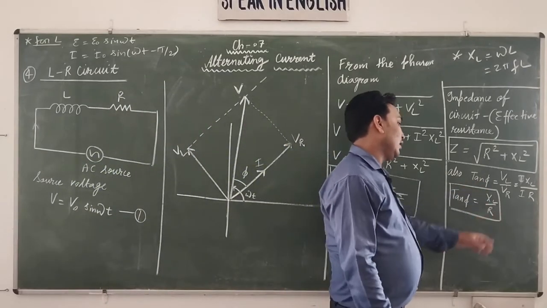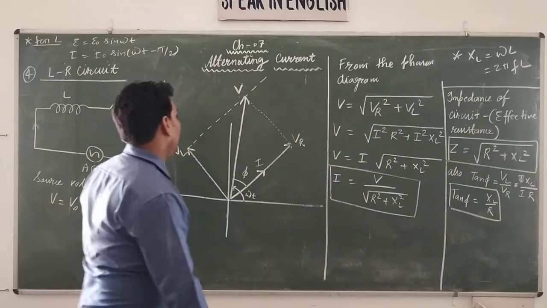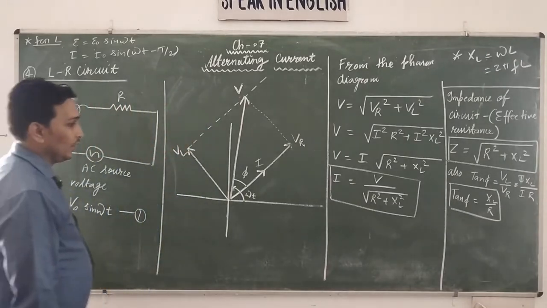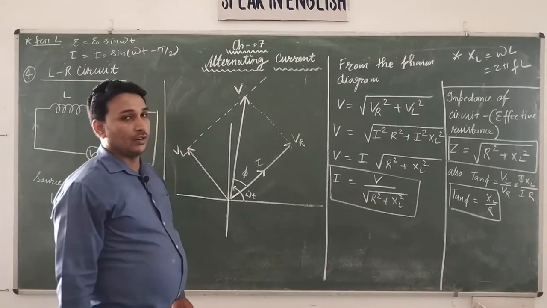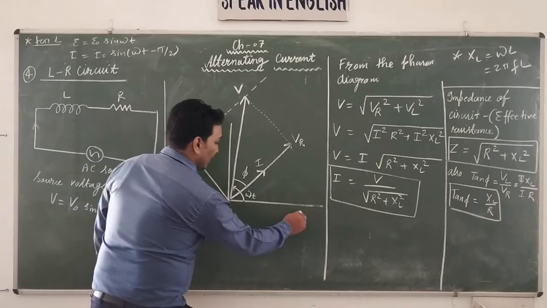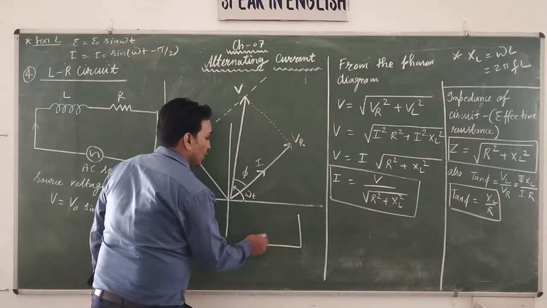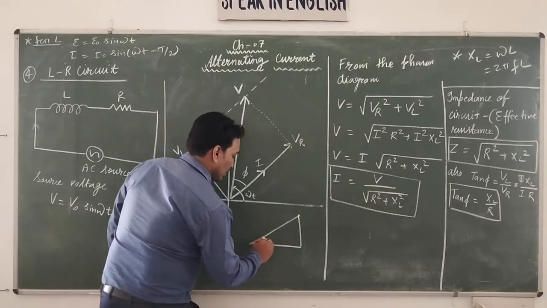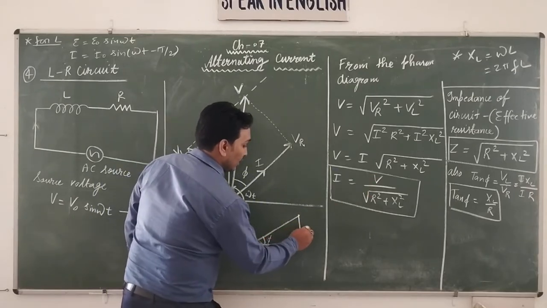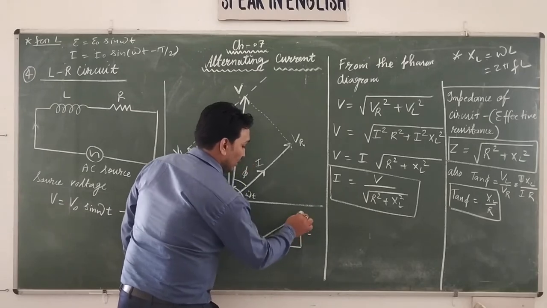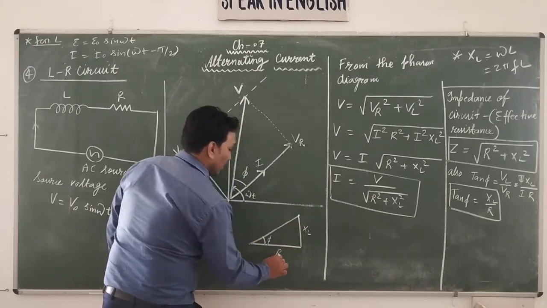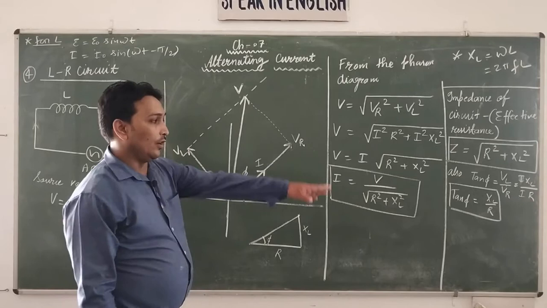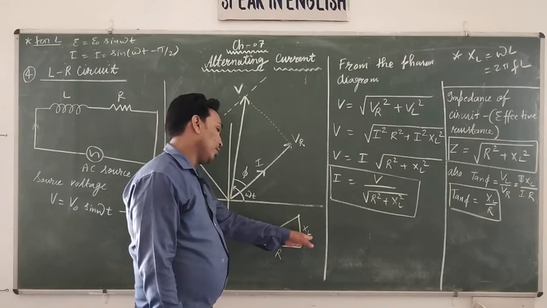So tan phi is equal to XL upon R. And from here, one very important figure is there, and that figure is called the impedance triangle. Just see, if I draw a right angle triangle justifying that relation. If this angle is phi, so according to that relation, this side should be XL and this side should be R. Okay? Perpendicular for base, in front of phi is perpendicular to base.